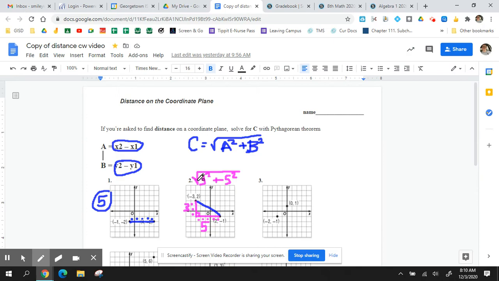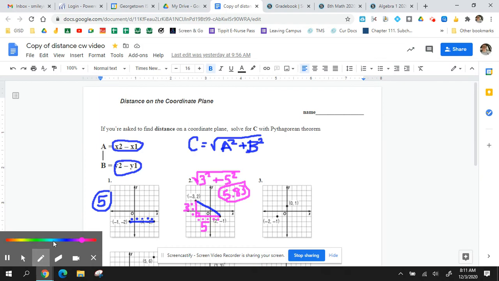Stick that in your calculator, and your calculator will give you an answer of 5.83. That would be the distance of this blue line here. We used the Pythagorean theorem to get that.